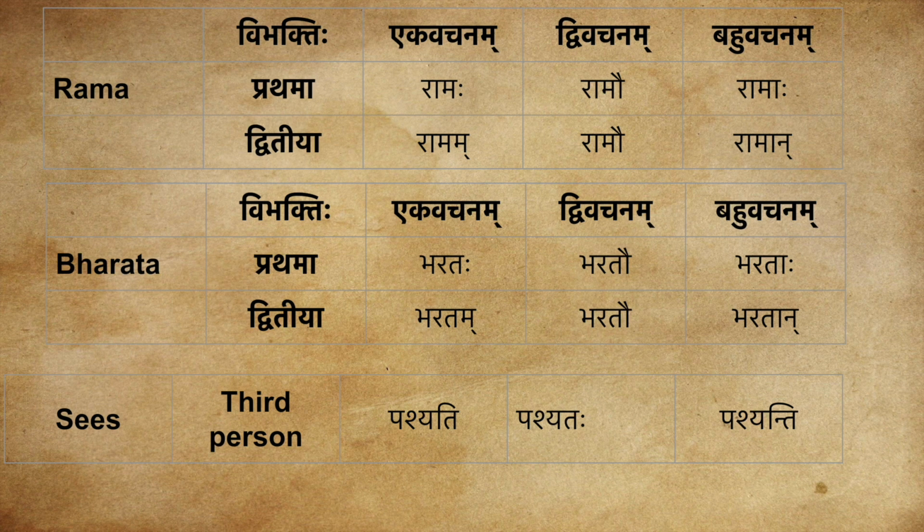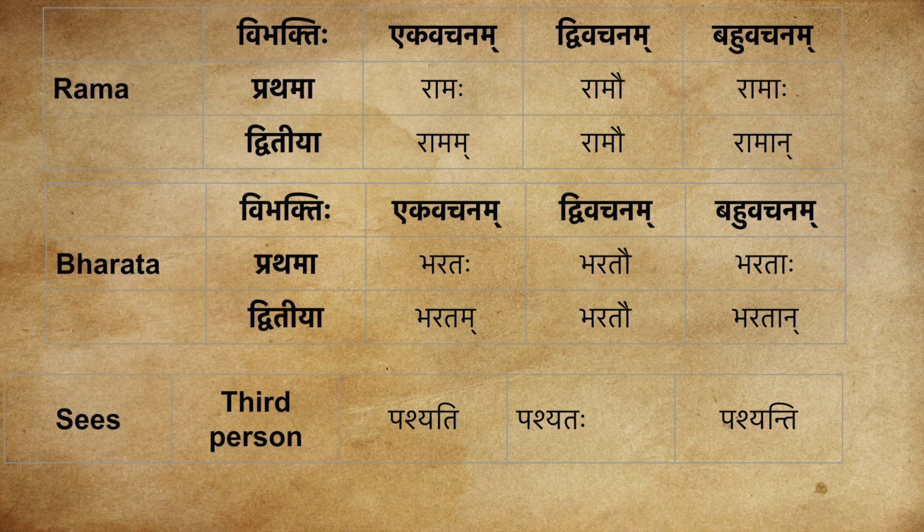Okay. So without actually building sentences, tables just become multiplication tables. For us to remember and use multiplication tables, we need to do simple additions, right? Or simple multiplications, simple arithmetic. So similarly, we will practice building simple sentences using two nouns from the Rama Shabdam, namely Rama and Bharata, and one verb.